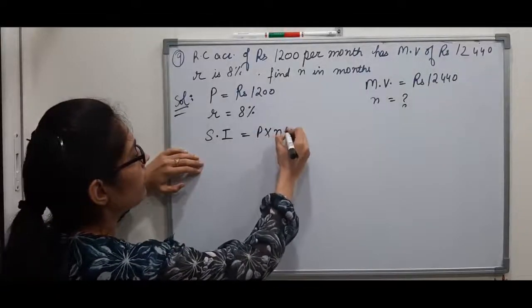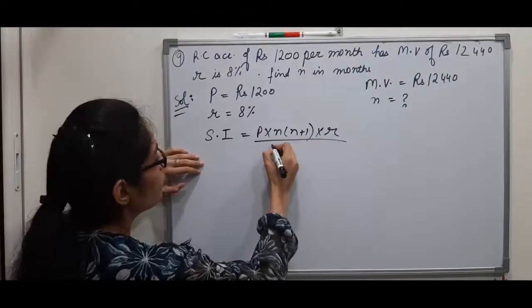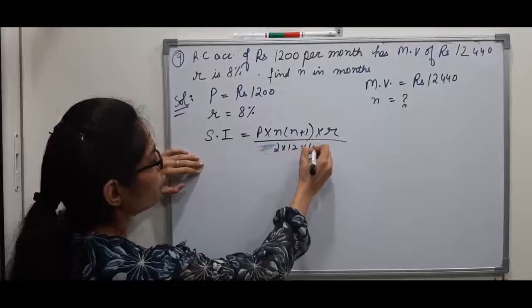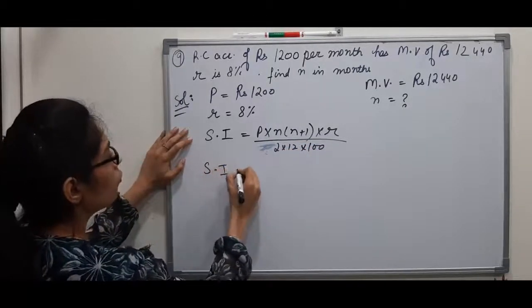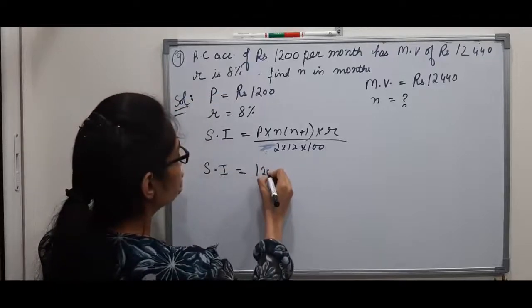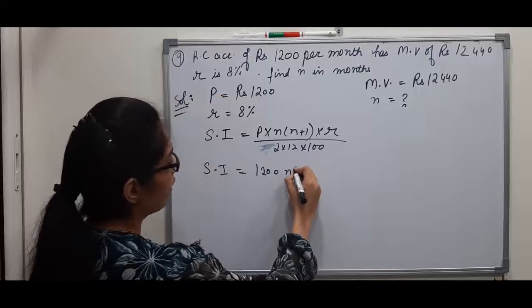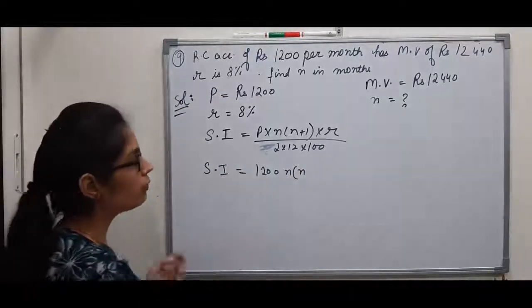P into n into n plus 1 into R over 2 into 12 into 100. So this is the formula of simple interest. I will substitute the value of P, which is 1200, and I have to calculate now. Or if you want, you can also put n equals x. It's your wish.